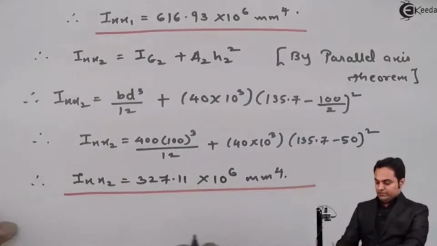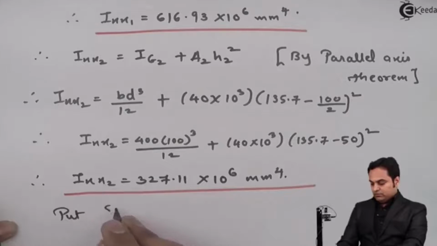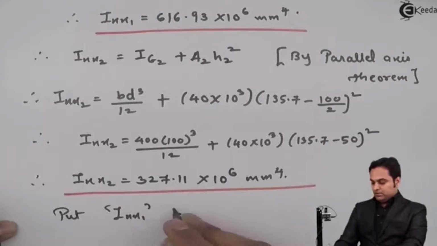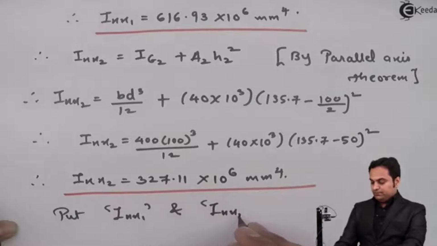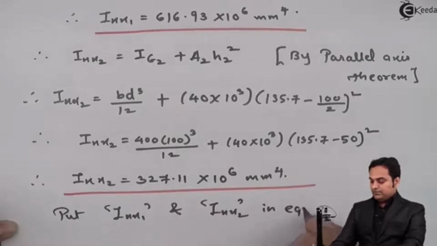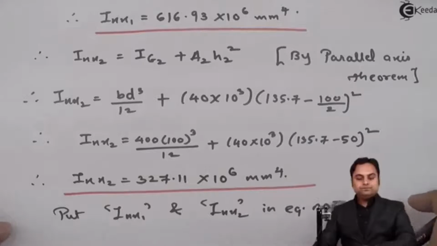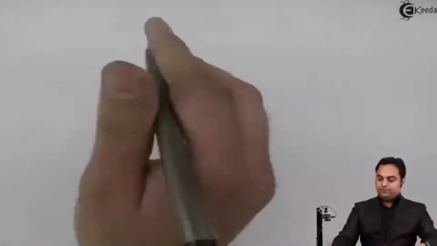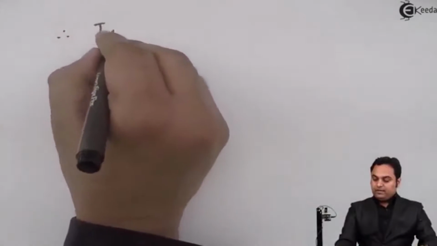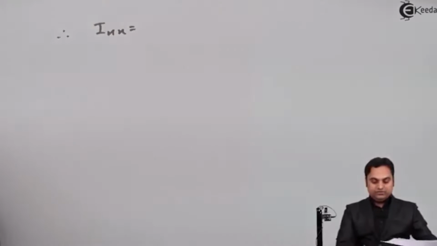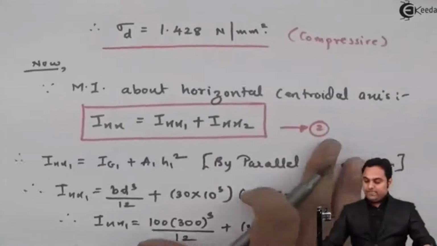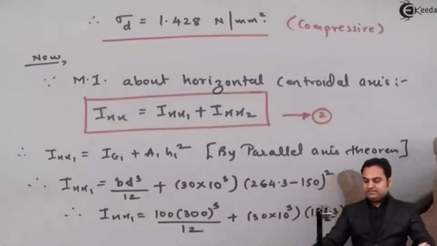After getting Ix1 and Ix2, I'll put Ix1 and Ix2 in equation number second. So we have Ix is equal to, in equation number second, there we had written Ix is Ix1 plus Ix2.